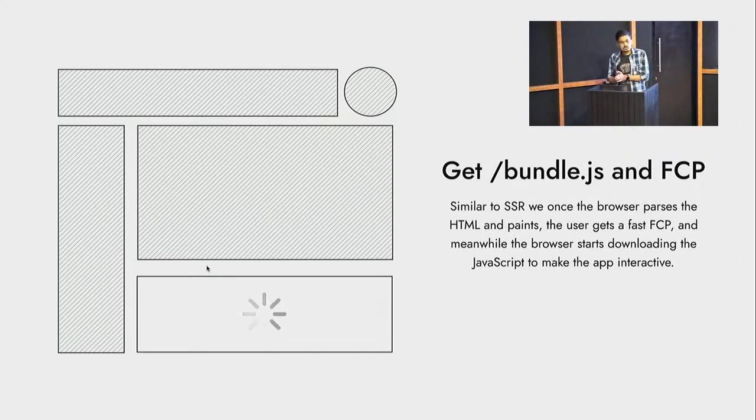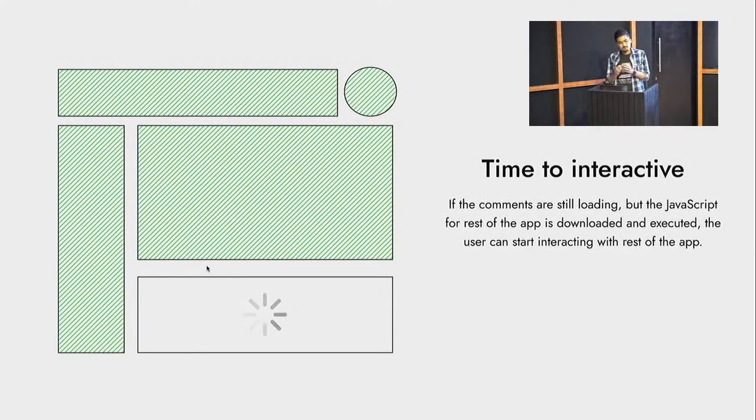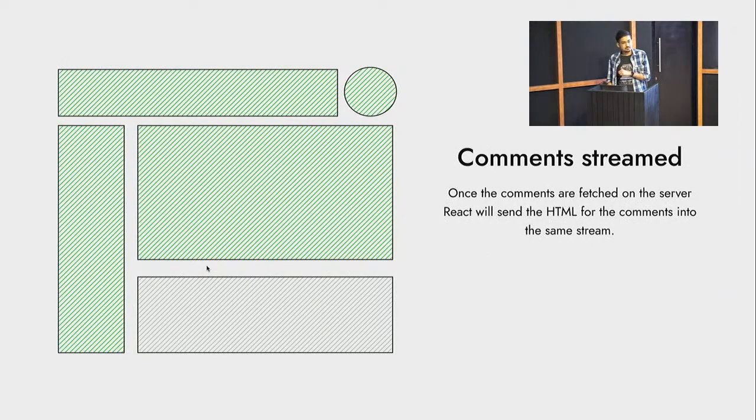So meanwhile the browser wouldn't wait for it and would start downloading the JavaScript for the rest of the app. So again, let's assume the JavaScript is downloaded and React has executed the JavaScript and hydrated the rest of the app, but the comments are still loading. Now comments are streamed. The data for comments was fetched on the server and it was sent through the same stream.